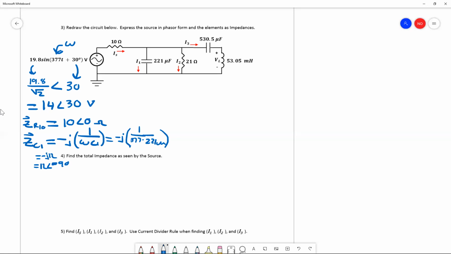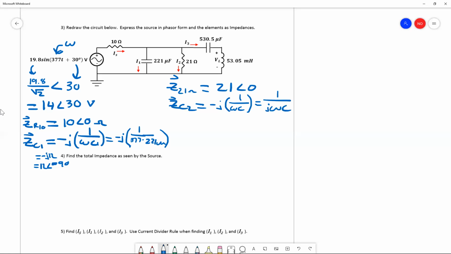The next one is going to be this 21 ohm resistor right here, and we'll say that is just 21 at an angle of 0. Right here, we've got this capacitor again, so another capacitor, same equation as before, negative J 1 over omega C. You may also see the equation written something like this.